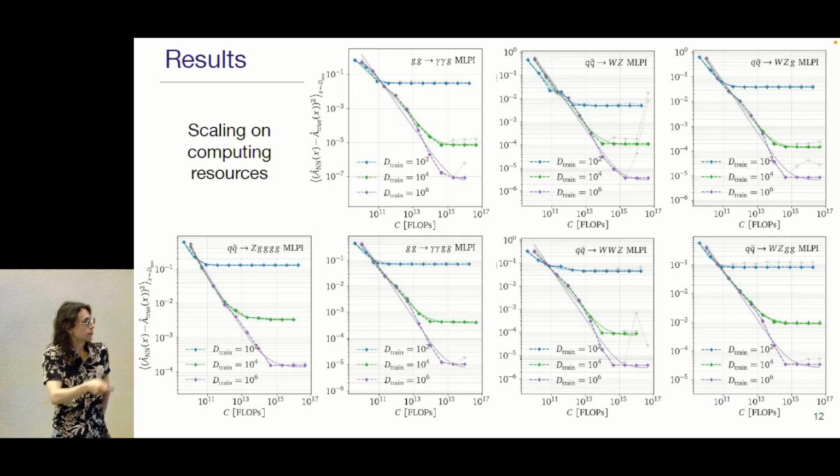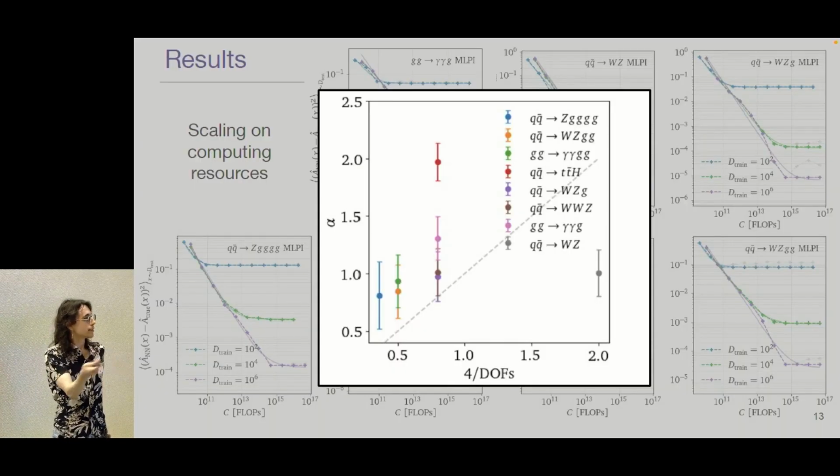And well, since we have the fits for all of these processes, we can test, and we know the dimensionality of each one of these processes. We can check, and we see this dashed line is the theoretical proposed relation between the exponent alpha and the degrees of freedom.